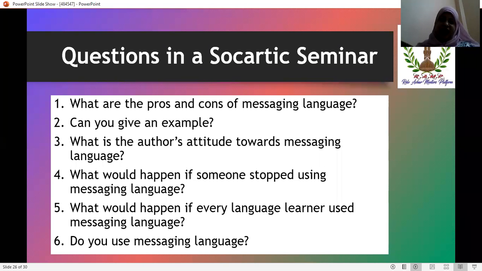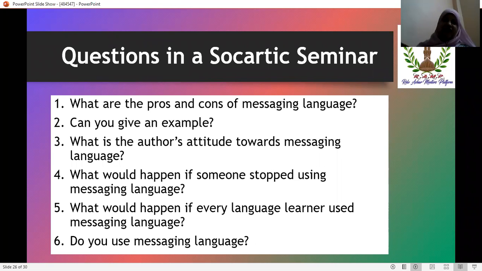So when you say an opinion, you give an example. What is the author's attitude? So you must use the text. Was the author for or against? And tell me why. What would happen if someone stopped using messaging language? And what would happen if every language learner used the messaging language?